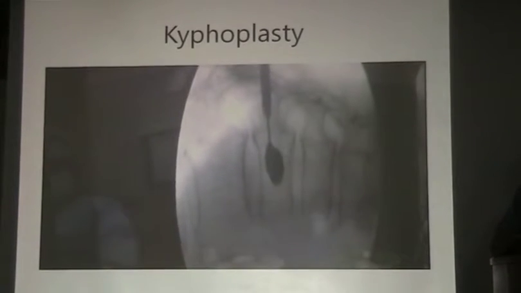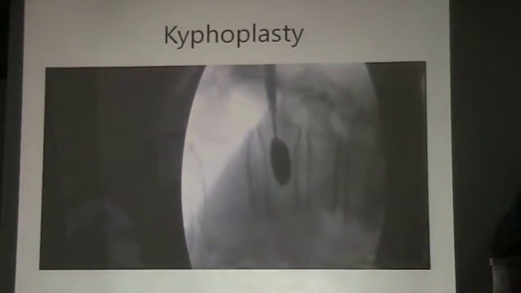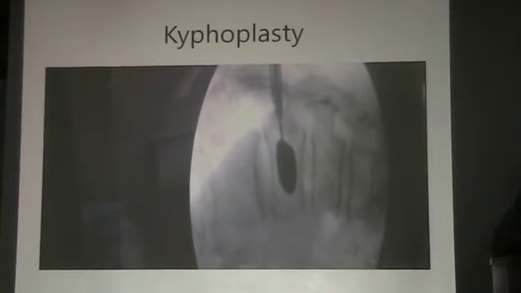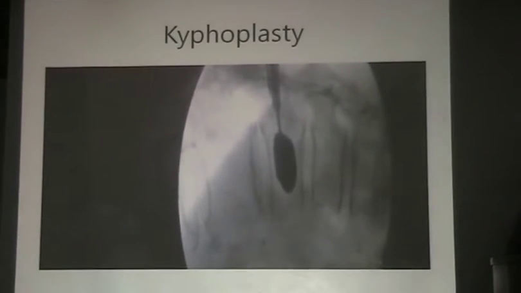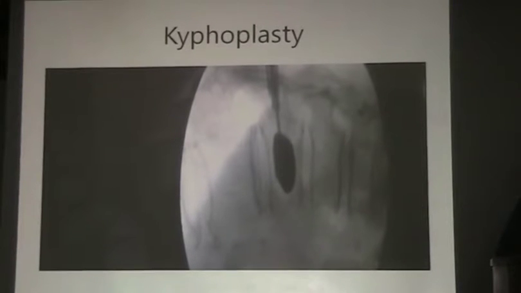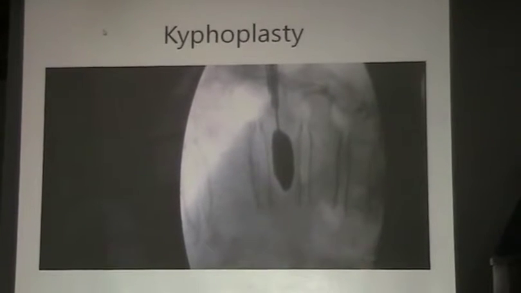Following that, make a space for cement like this. And then inject the cement.